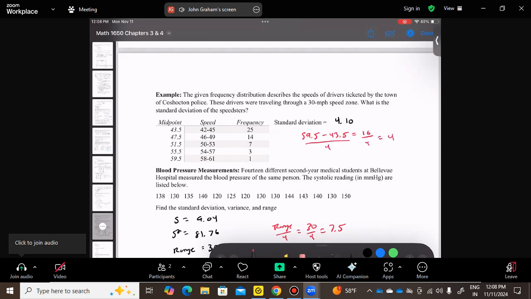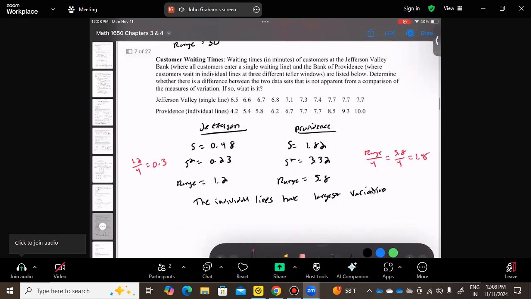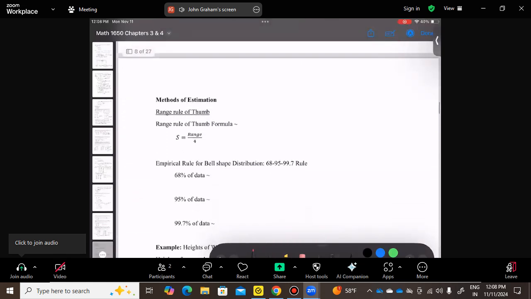Right, that's probably the closest one we've seen. All right, so it can be a little bit off, and if we have outliers, then it's going to be extremely off. But it is an estimate that we can use.